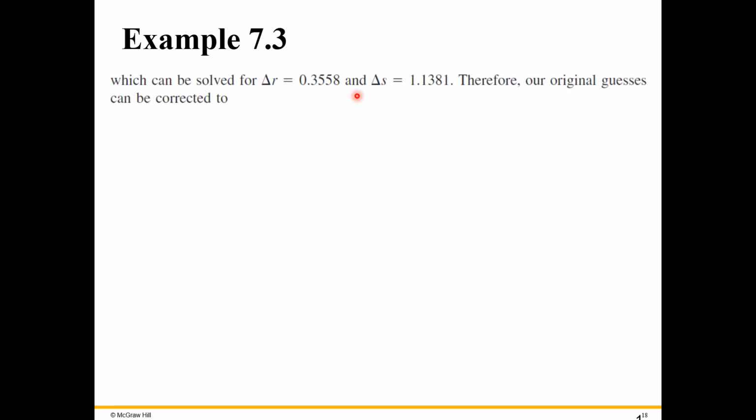So suppose we have applied this method, and we will find that delta R will be 0.3558 and delta S will be 1.138 in this case. Then from this delta R and delta S, we can find the revised values of R and S, because the initial values of R and S were -1 and -1.